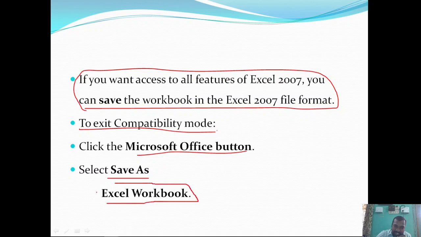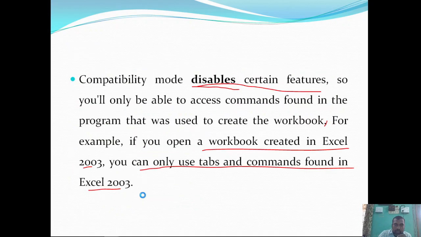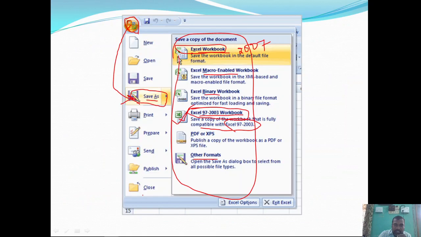That is available as the first option, Excel Workbook. So here you can observe, click on the Office button, move on to Save As, and choose the first option, Excel Workbook. Excel Workbook format means it is a 2007 version of a document. Okay.